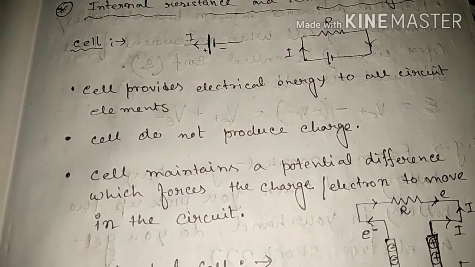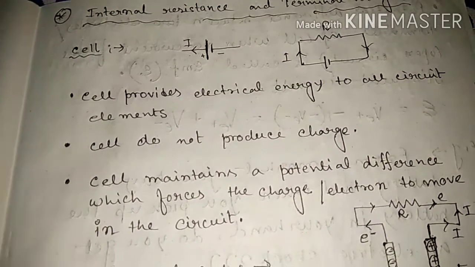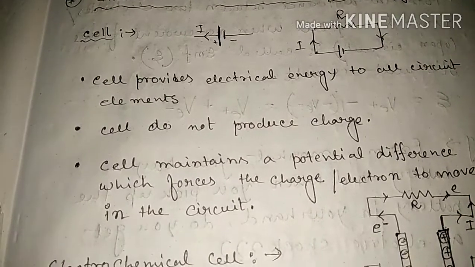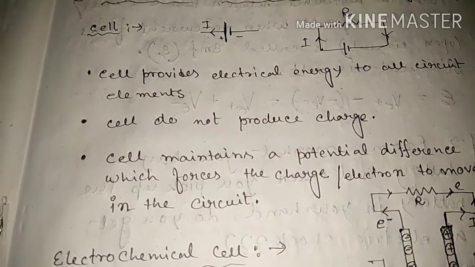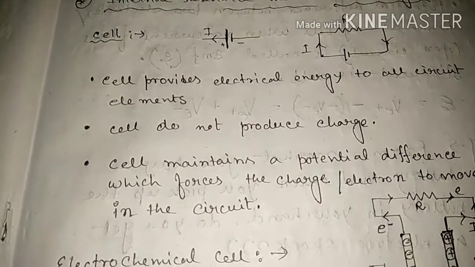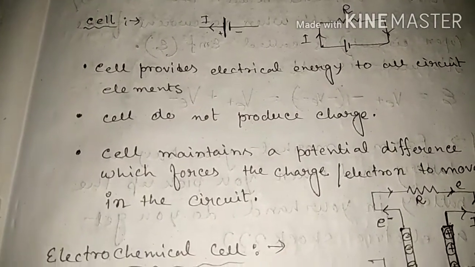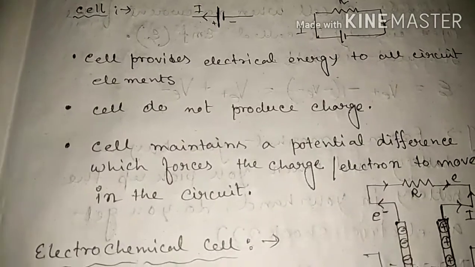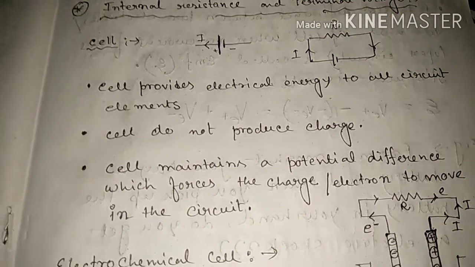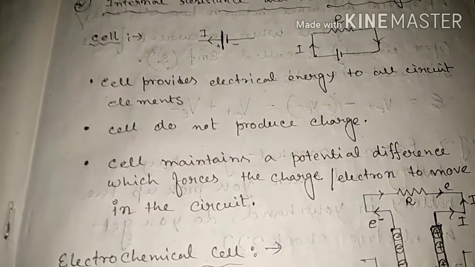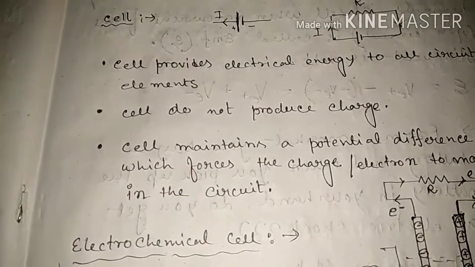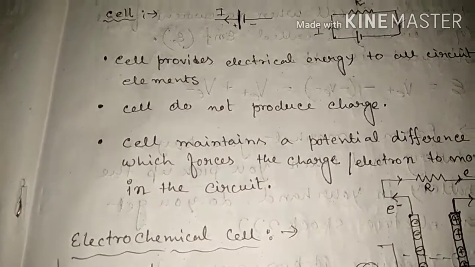If a pressure difference is present, then only through the pipe does the water flow continuously, a steady flow of water. So a difference must be present and the cell maintains that potential difference, because we know that charges flow from higher potential to lower potential. If no potential difference is there, then charges do not flow from one side to another.